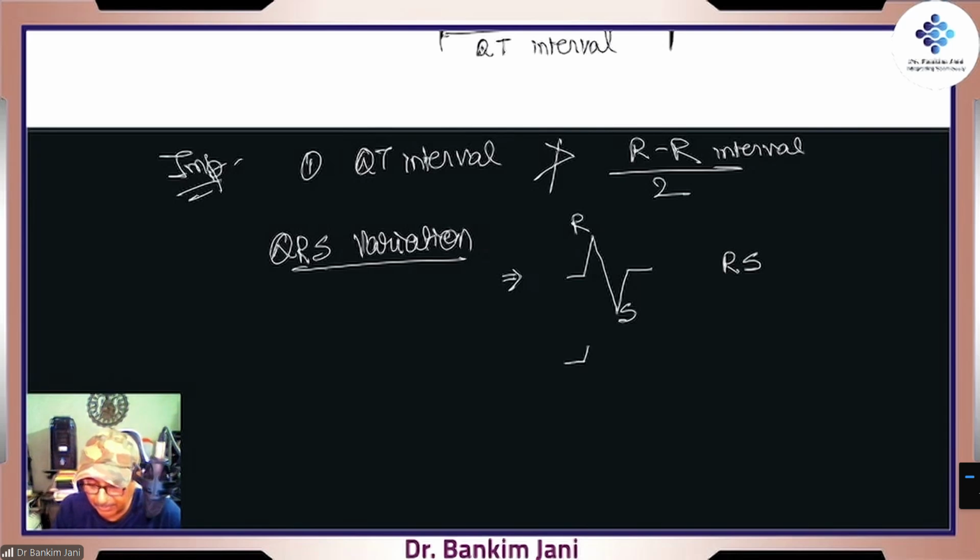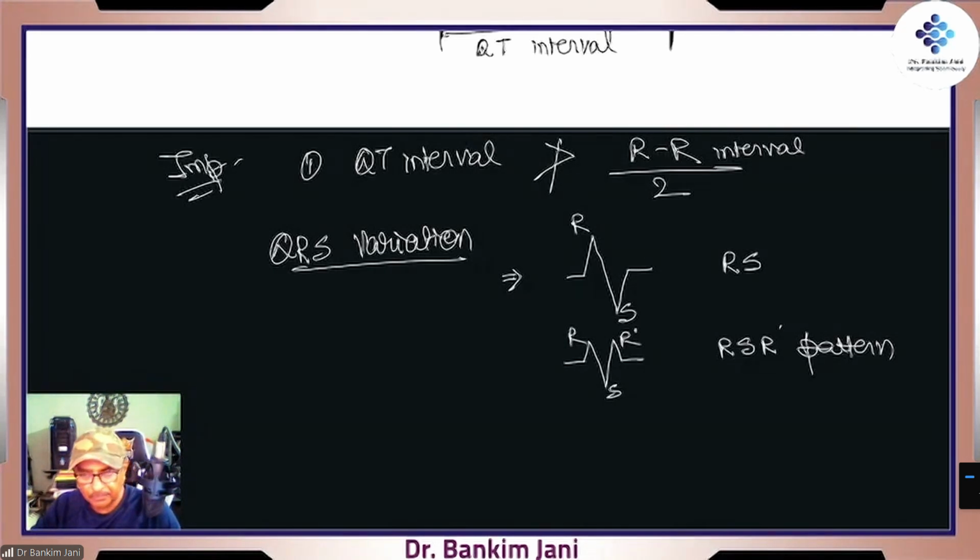Then it can occur like this also. If this R is rising, S is sinking, and this is again R, it is the RSR pattern, and that is also a normal one.